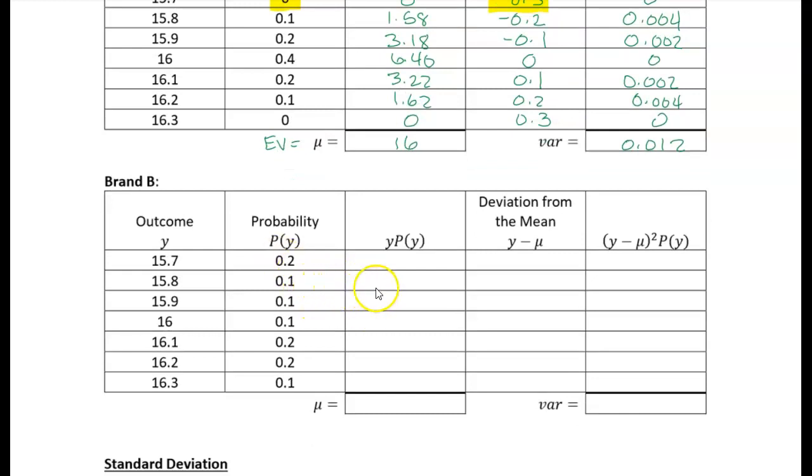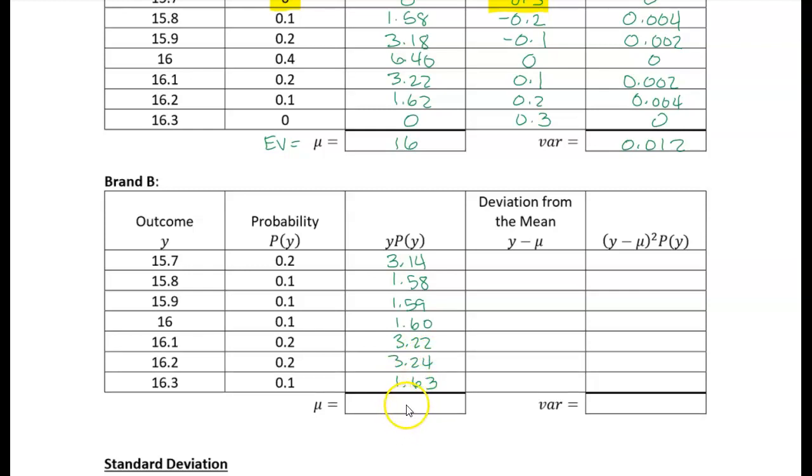All right, so let's take a look at brand B. Again, I'm just going to multiply the first column times the second column. That will give me what I need for the expected value. Now, I already know it, but for completeness, we're just going to go ahead and compute it. So 1.58, 1.59, I get 1.60, 3.22, 3.24, and 1.63.